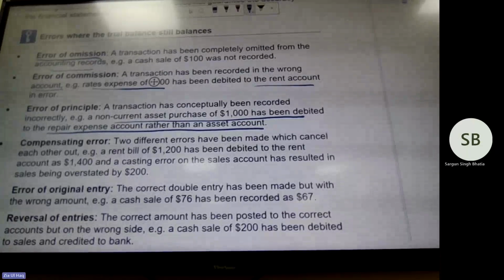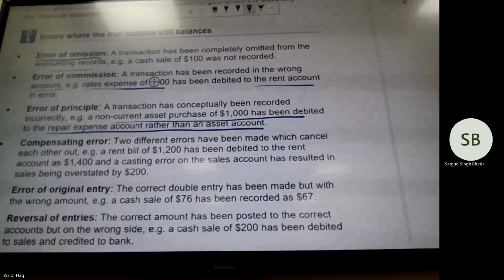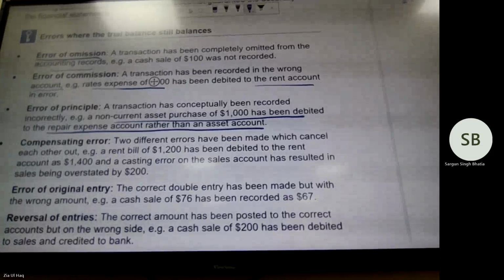This means we need to make two correcting entries. First, to eliminate this wrong effect, and second, to create this right effect. And this is called what kind of error? A compensating error.